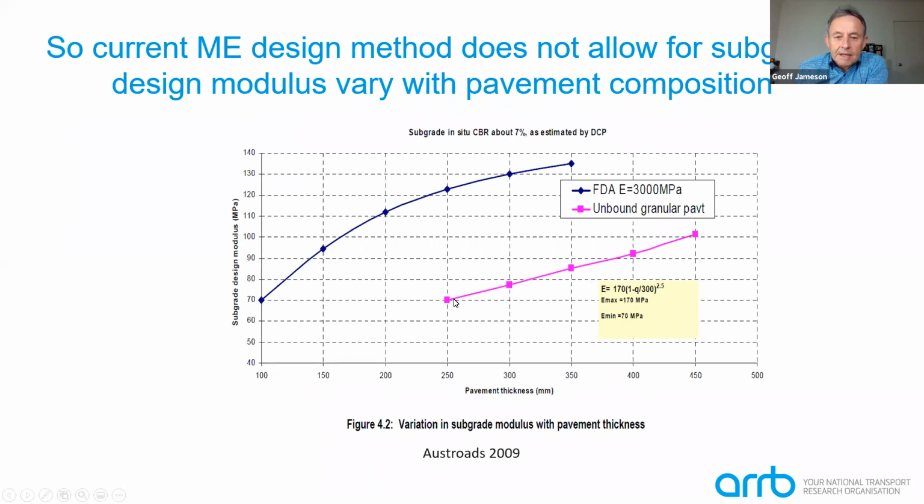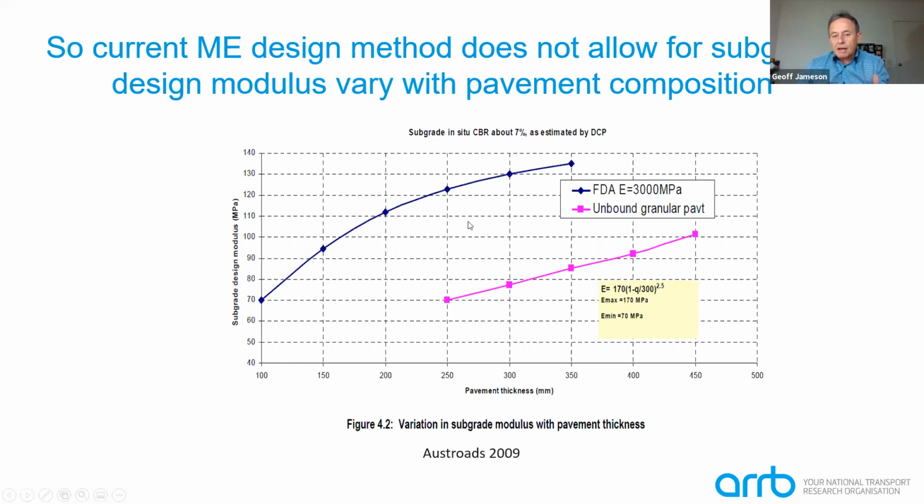There's our 70, and that 70 value might be applicable for thin layers of granular material on that subgrade where the stresses are quite high, but it would underestimate the subgrade support when the granular thickness is a lot greater. Similarly, if we have a significant thickness of full depth asphalt, which has even lower stresses than the granular pavement, you can see how much greater the modulus of the subgrade would be if we took account of the stress dependency of the subgrade in coming up with the modulus value.